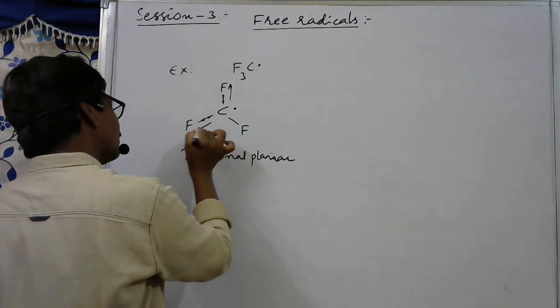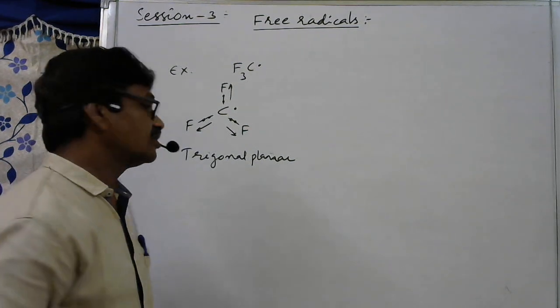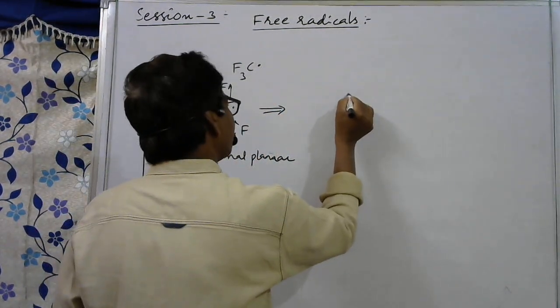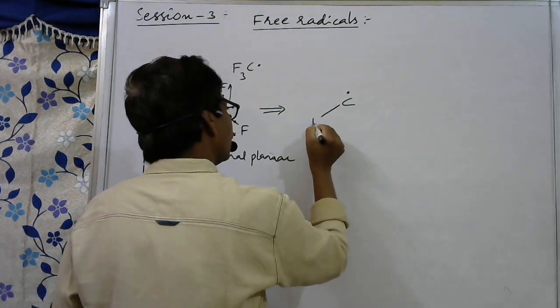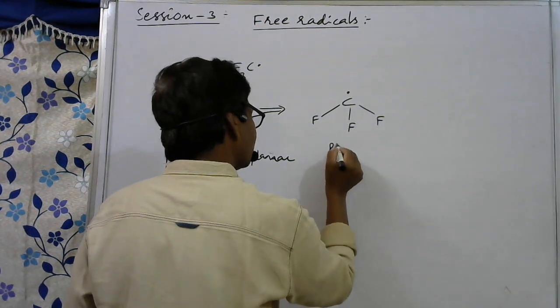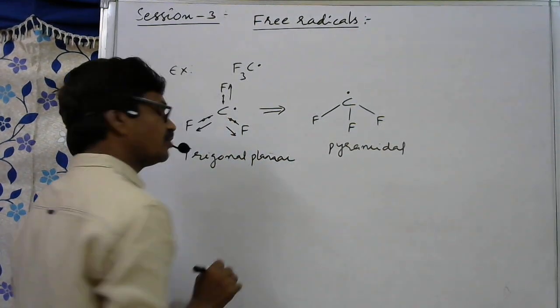Here also these electrons are moving towards the fluorine side because it is a highly electronegative atom. Therefore, the shape becomes like this, with one free electron here and fluorine, fluorine, fluorine. So the shape becomes pyramidal. This is one important thing here.